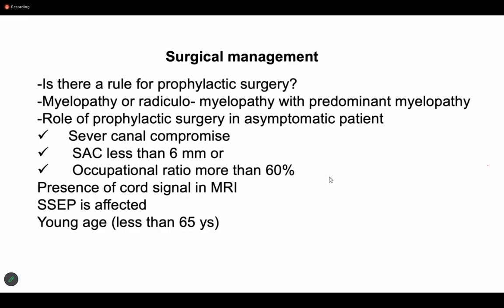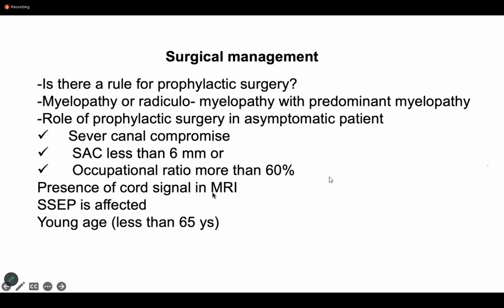For surgical indication details, patients with myelopathy or radiculomyelopathy with predominant myelopathy, with a role of prophylactic surgery in asymptomatic patients when the patient has severe canal compromise, such as less than 6 millimeters or occupying ratio more than 60%.